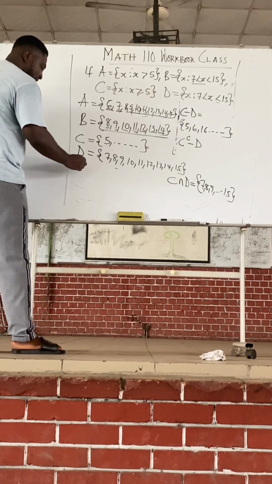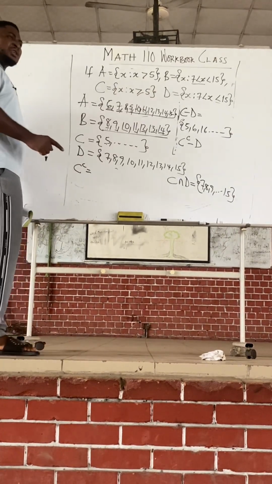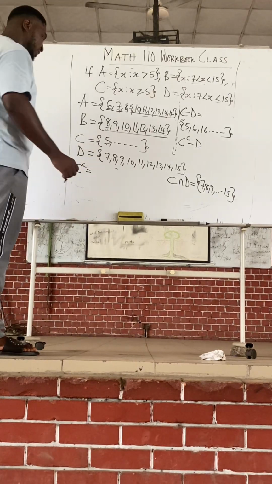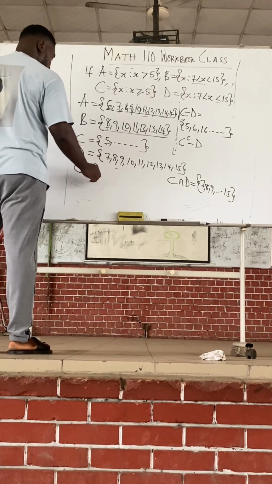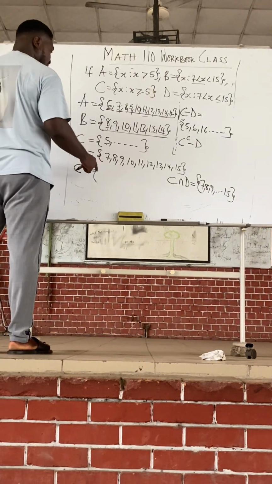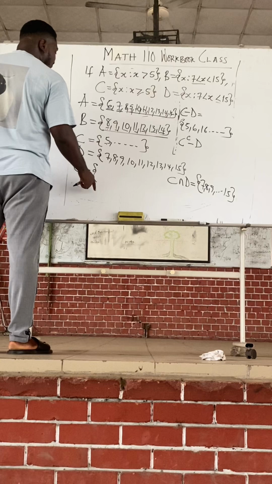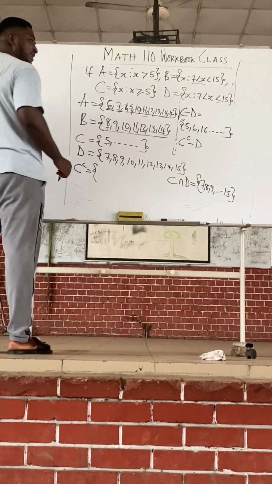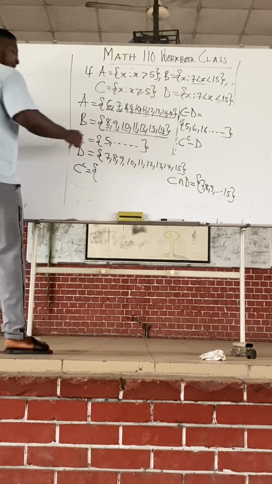What is C complement? All elements in the universe set that are not in C. Who are those in the universe set that are not in C? 5 is in C. Those in U that are not here.